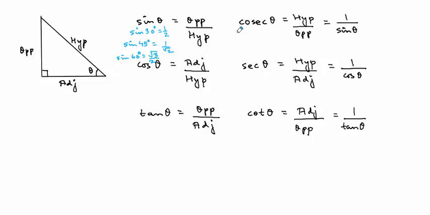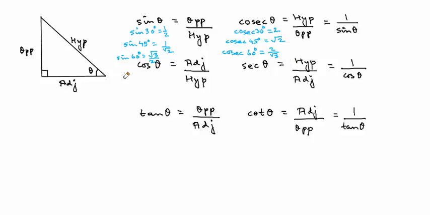So we have cosecant 30 degrees is equal to the reciprocal of 1/2, that's 2. Cosecant 45 degrees is the reciprocal of 1 over square root of 2, which is square root of 2. And then cosecant of 60 degrees is equal to the reciprocal of square root of 3 over 2, which is 2 over square root of 3.